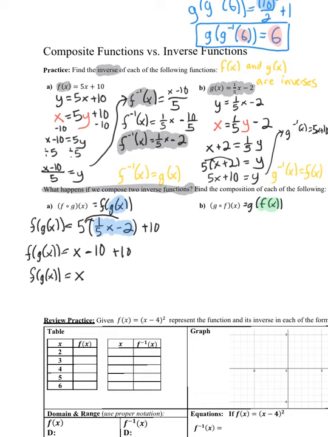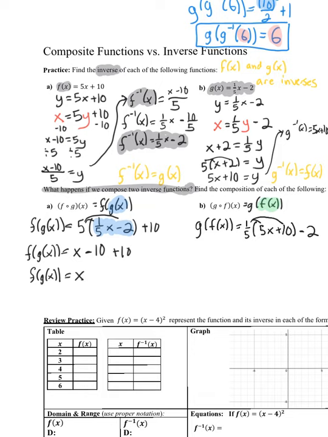And this time when we plug in, we're going to use the f function as the input into the g function. So 1/5 times 5x plus 10 minus 2. And this time I'm distributing a 1/5.